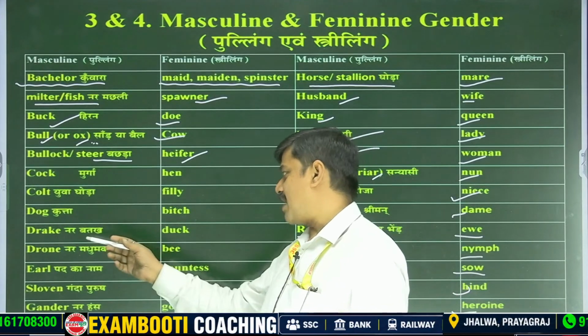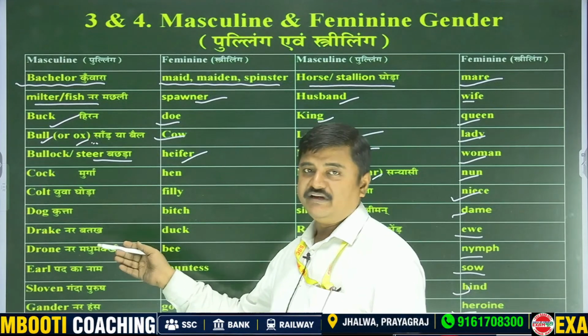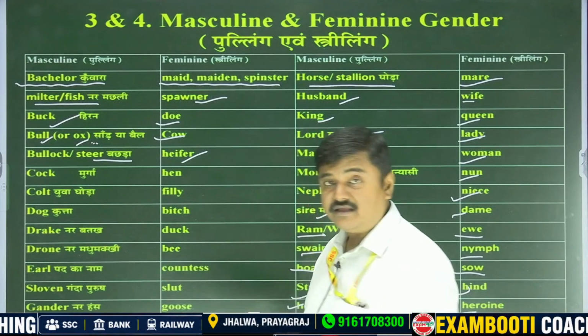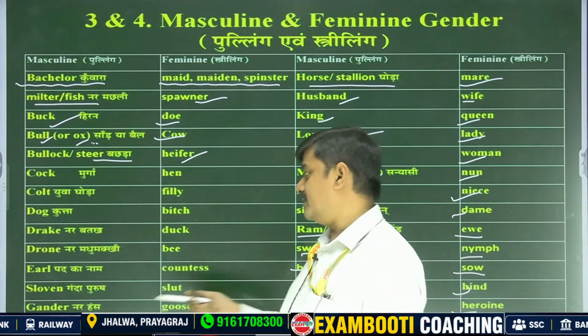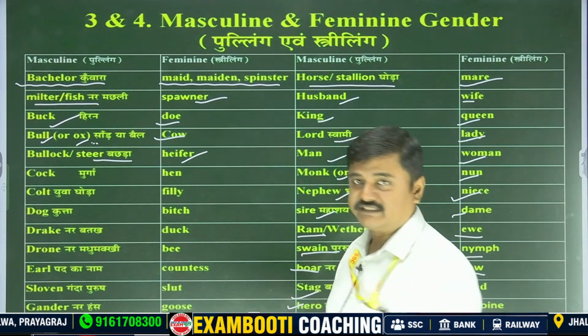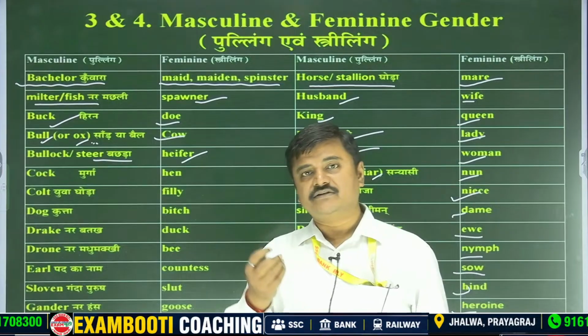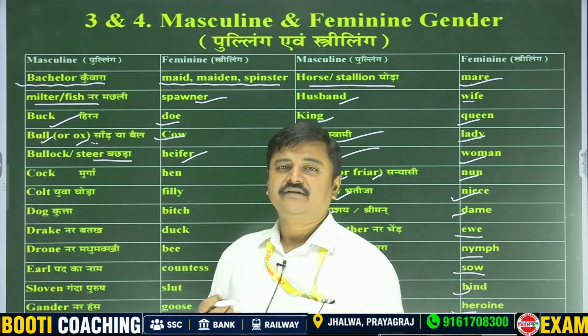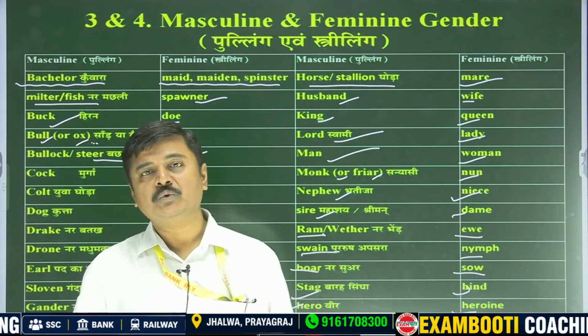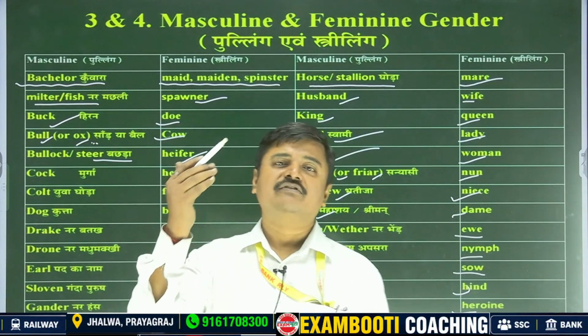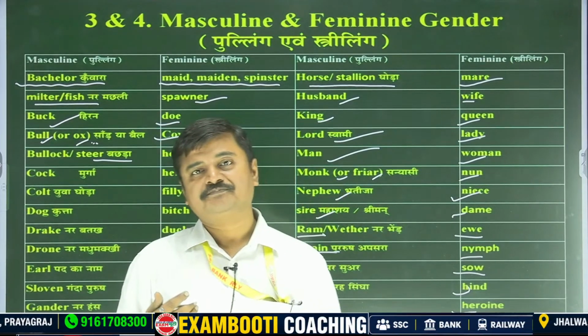Dog, bitch, drake, duck, we discussed yesterday. Drone bee, very important. Drone bee. Earl and countess. Earl is a post that was given to a very high level noble person.